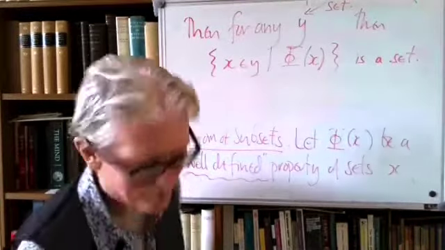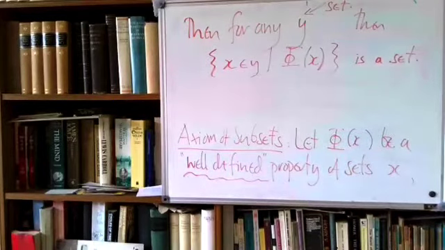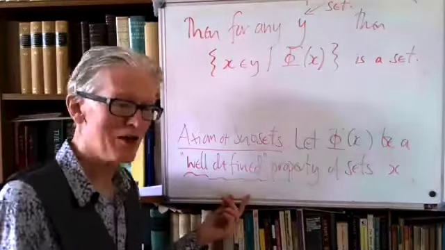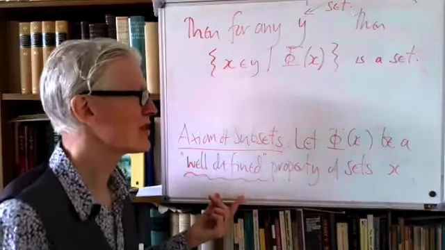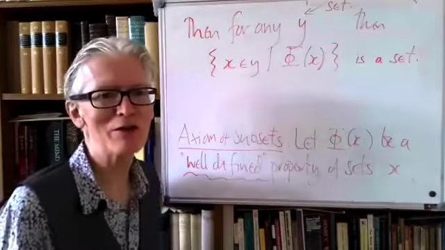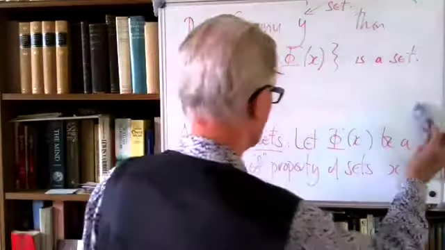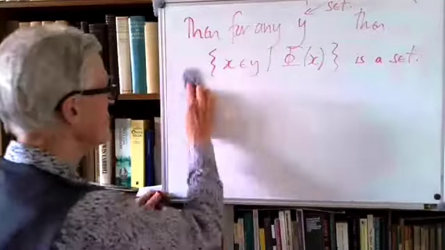Yes, as Levent asked, can I define what I mean by well-defined? Well, no, I can't, and I'm not going to at the moment. In another course, I talk about formal languages, and there'll be an expression in that formal language.